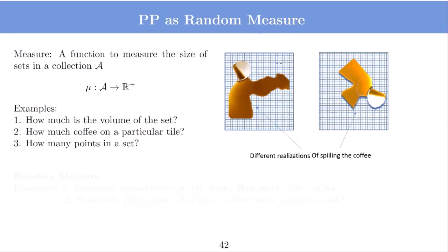That is a valid way. Second would be, suppose I spill coffee on that. Then I would say the amount of coffee on each tile is the measure of that tile. That is another way to measure the size of the tile. Right? Every tile, if you go, you will find some coffee amount, and if you weigh it in milligrams, that will be the size of that tile.